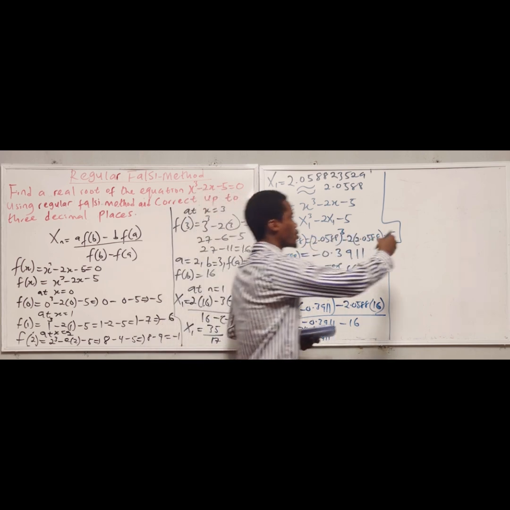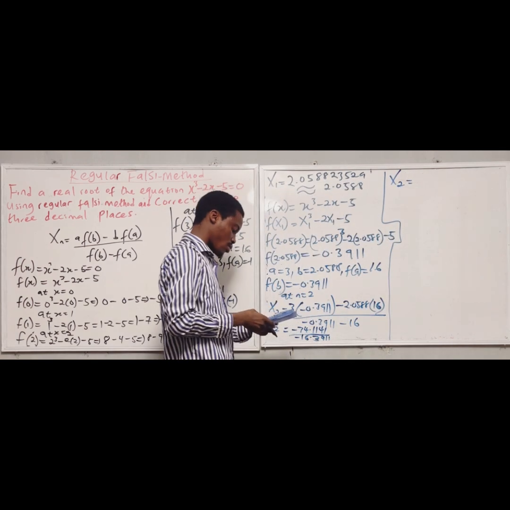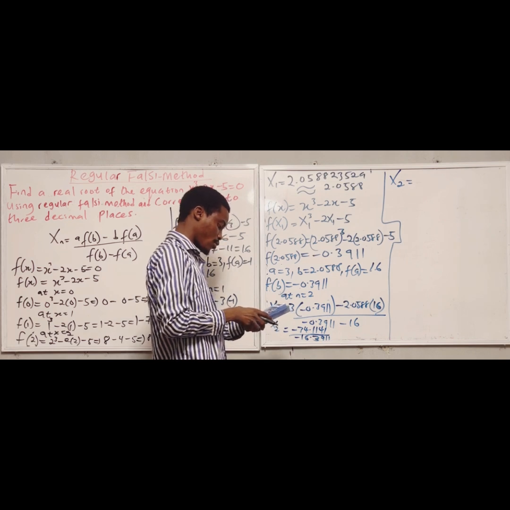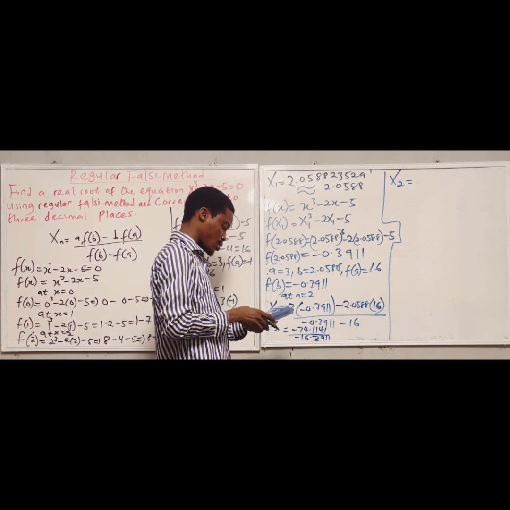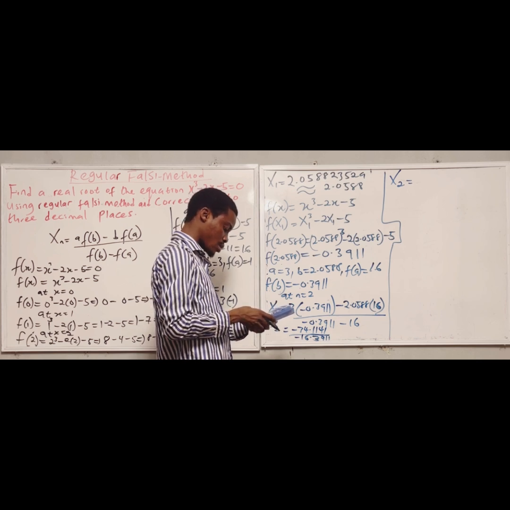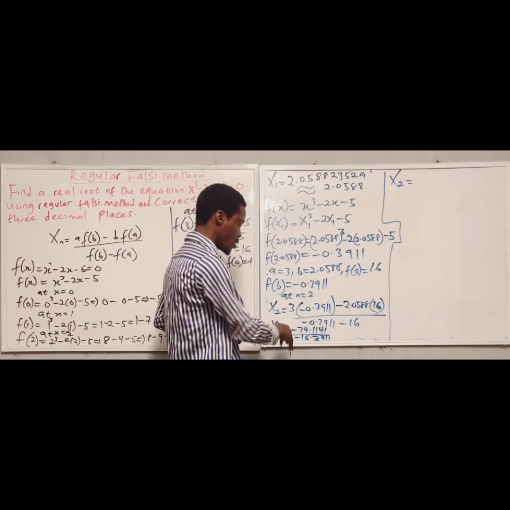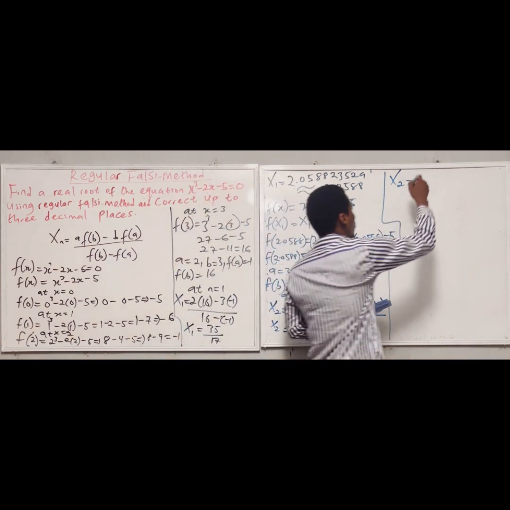So my S2 will be, if we divide, minus 34.1141 divided by minus 16.3911. So I have 2.08125. Minus and minus will cancel. So my S2 is what?